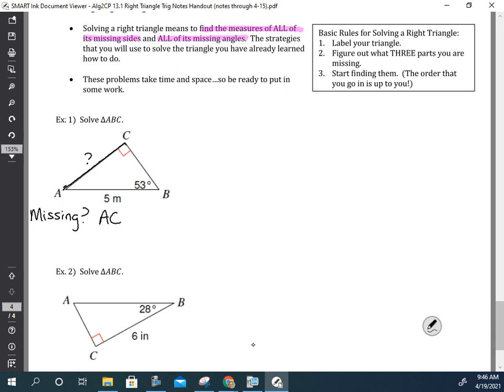We don't know side CB. And you don't know angle A. So you're missing 3 things.